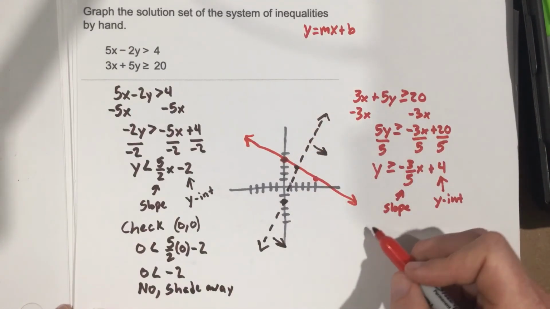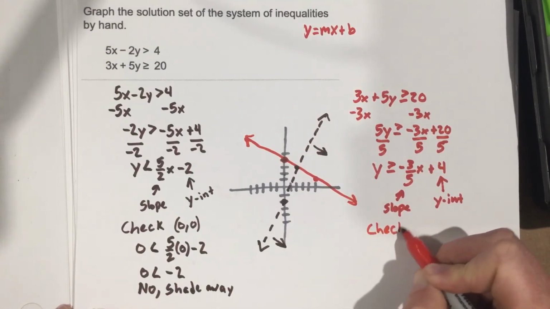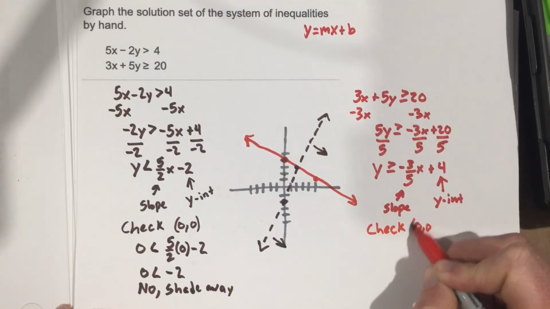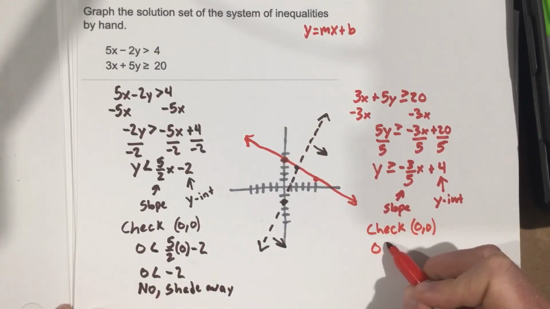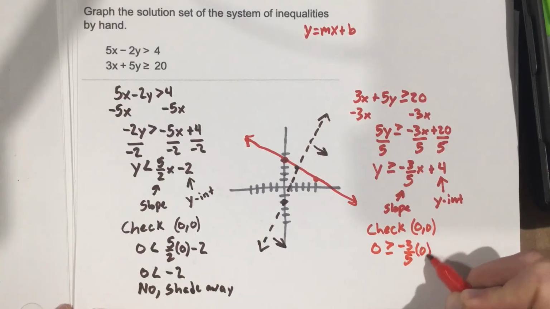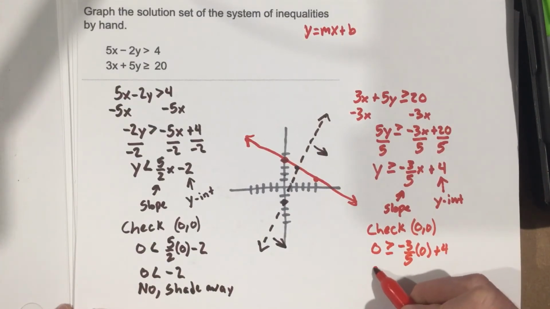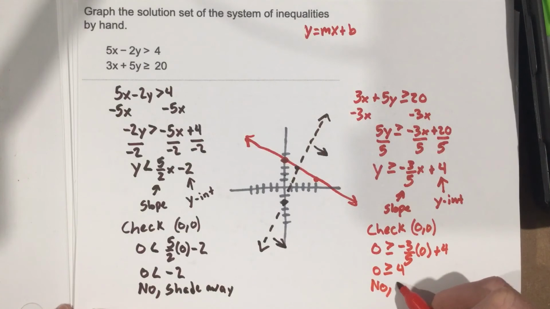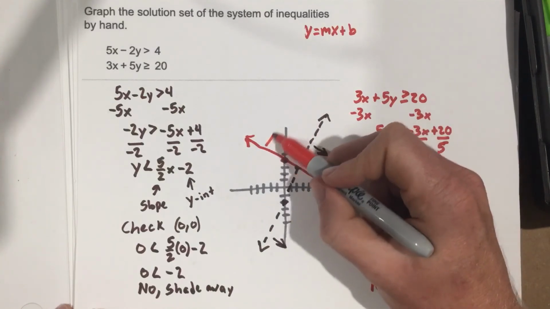But let's check. So we're going to check 0, 0. Plug it in, we get 0 greater than or equal to negative 3 over 5 times 0 plus 4. So we get 0 greater than or equal to 4. That's not true. So no, shade away from 0. So we're going to shade this direction.